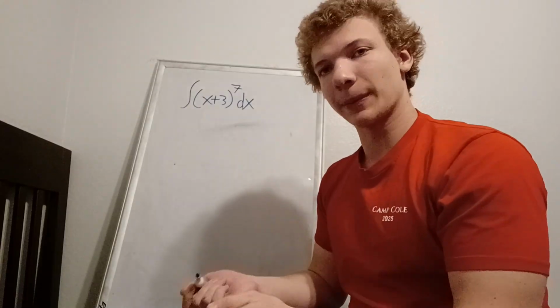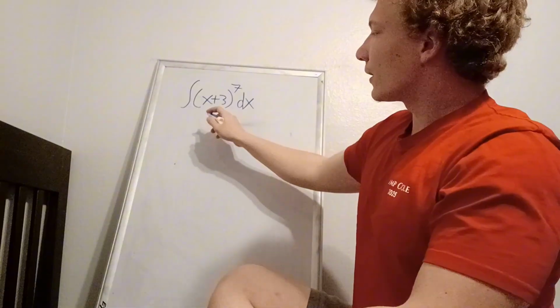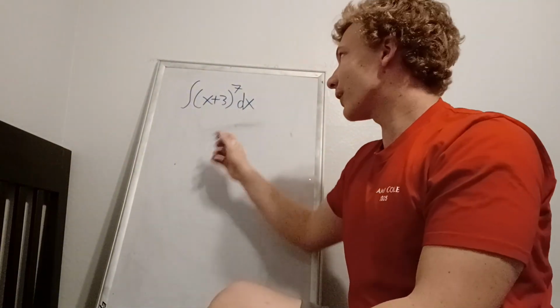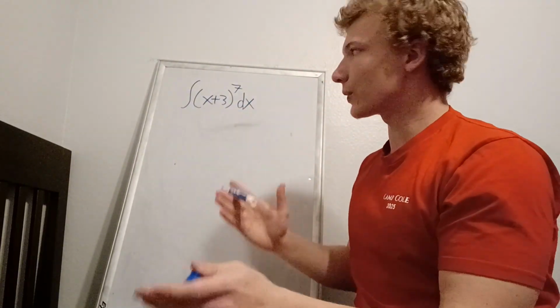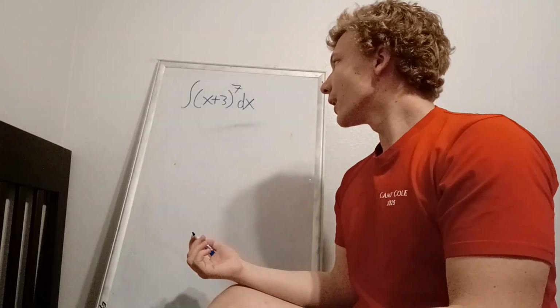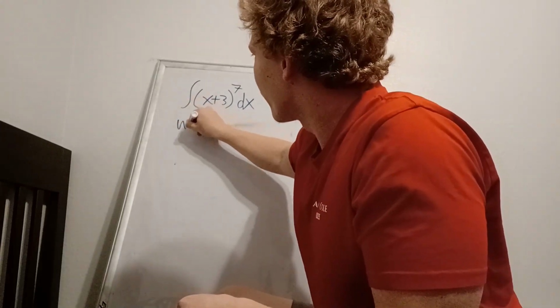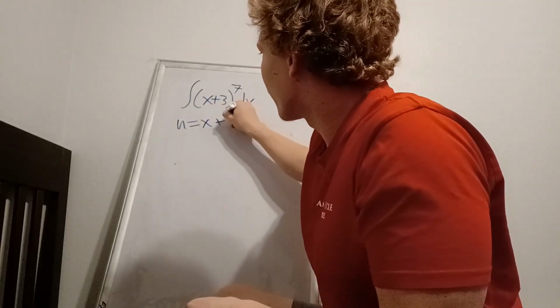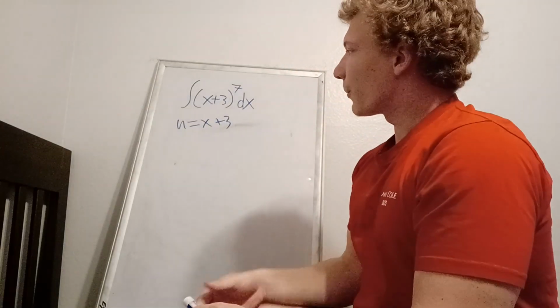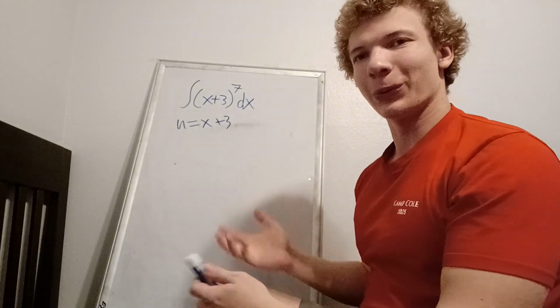Why would you do that when you could just use a U-substitution? For this case, we want the inside to just be a neat variable, because if it was just x to the 7, we could just do a power rule. That's nice and easy. So we'll imagine a nice variable equal to that inside, all right? Now, if u equals x plus 3, well, what does that get us?